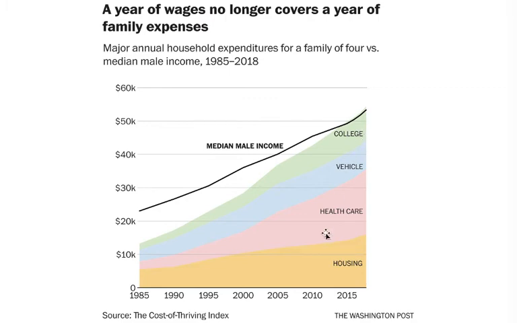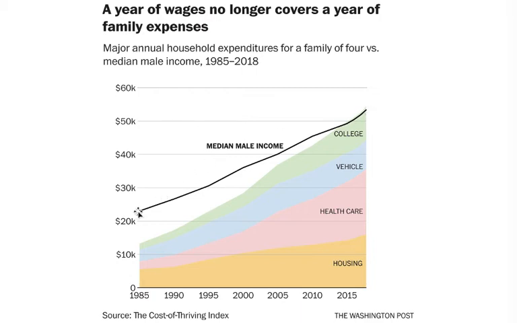In particular, healthcare has gone up by a lot. If you look at how high this pink part is on the left compared to how high it is on the right, the price of healthcare has gone up times 5. Another one that's gone up very, very fast is college. If you look at how wide the green part is in 1985 compared to 2018, it's gone up at least times 3, times 4.